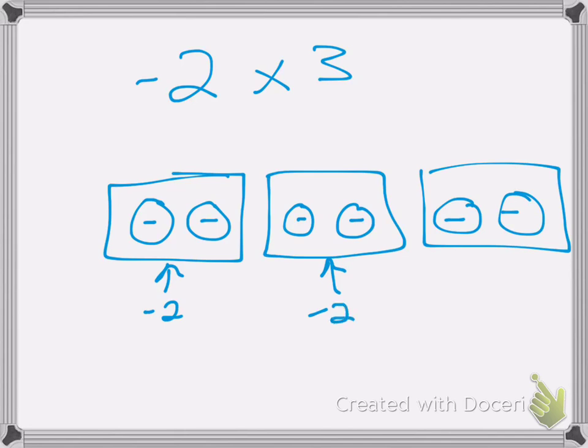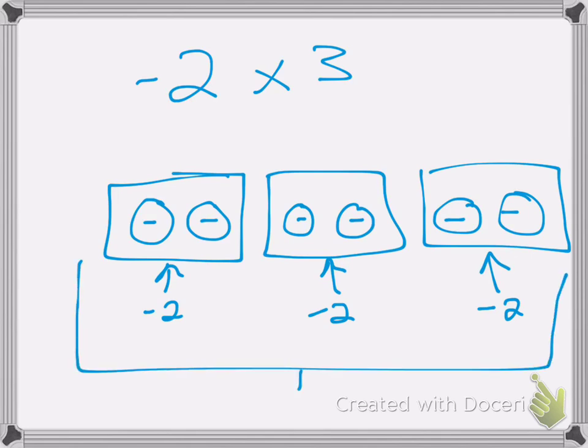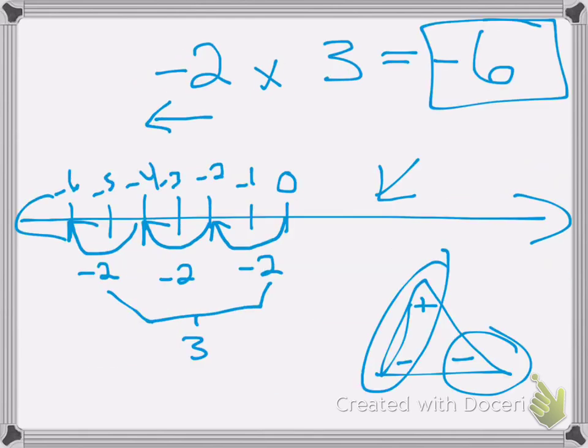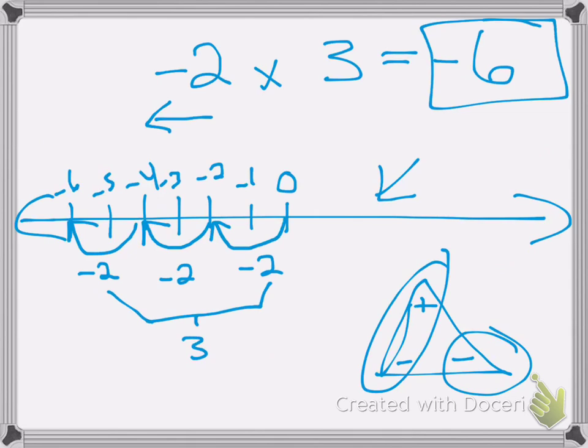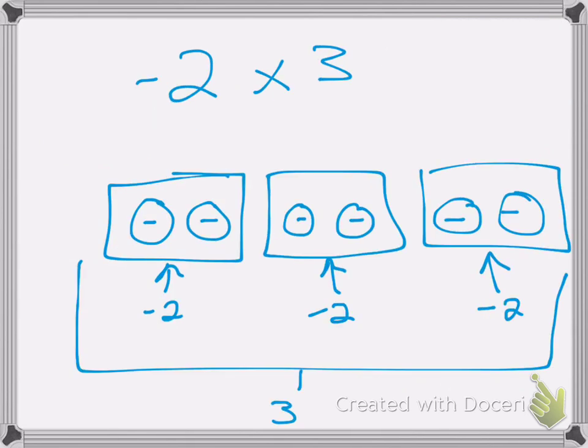You can see the 2 negative counters. That's going to be negative 2. And how many times did you do negative 2? 3 times. Okay? So I showed you with some counters, I showed you with a number line, and then I showed you with the rule. Multiplying and dividing with counters is a little bit trickier than adding and subtracting. So the rule helps you out a whole lot in this case.